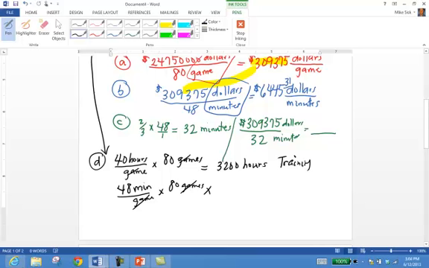Now, what do I have to do? I've got to have the minutes on the bottom of the fraction so it cancels out. So I've got to decide, do I put 1 hour over 60 minutes or 60 minutes over 1 hour? I'm going to put the 60 minutes on the bottom because if I do that, the minutes will strike out. 1 hour on top. 1 hour for 60 minutes.